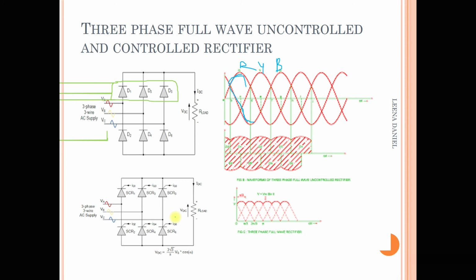So that's why we measure the firing angle after omega t equal to 30 degree. Suppose you want the triggering angle of the thyristor to be 30 degree, then at what angle do you have to give the firing pulse? You have to give the firing pulse at omega t equal to 60 degree, 30 plus 30 degree.